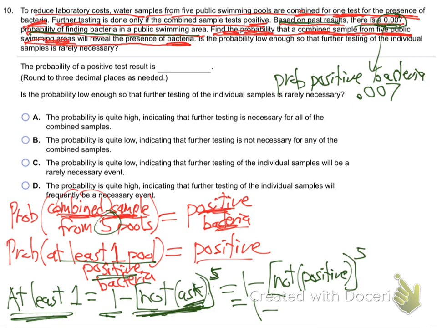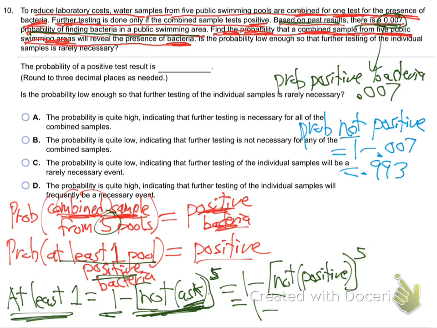So then what's the probability of not positive? It's going to be 1 minus 0.007. Your calculator will tell you 0.993. So that's the chance of not positive.